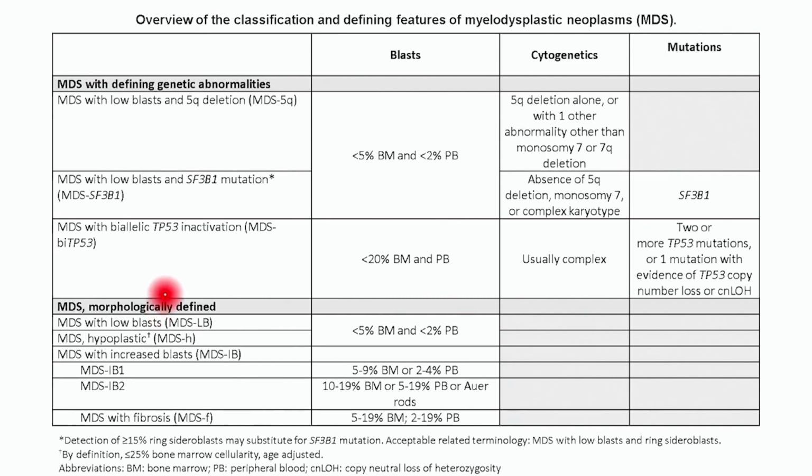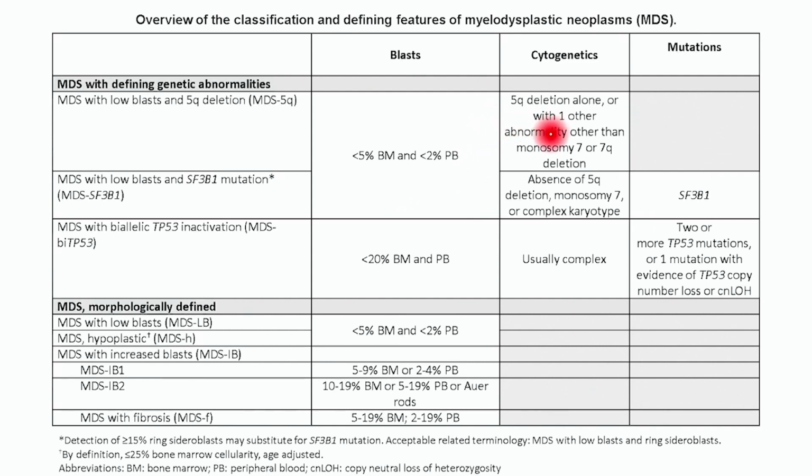So now we have two major groups, MDS with defined genetic abnormality and MDS that is morphologically defined. In the genetic abnormality group, we have the 5q deletion with low blasts and low blasts with SF3B1 mutation. In both of them, the blast in the bone marrow is less than 5% and less than 2% in peripheral blood.